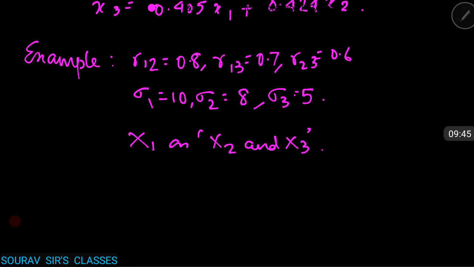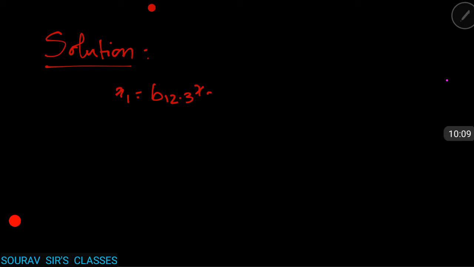The solution. Let x1, x2 and x3 be the respective deviations from the means X1, X2 and X3. The regression equation of x1 on x2 and x3 is x1 equal to b12.3 x2 plus b13.2 x3.